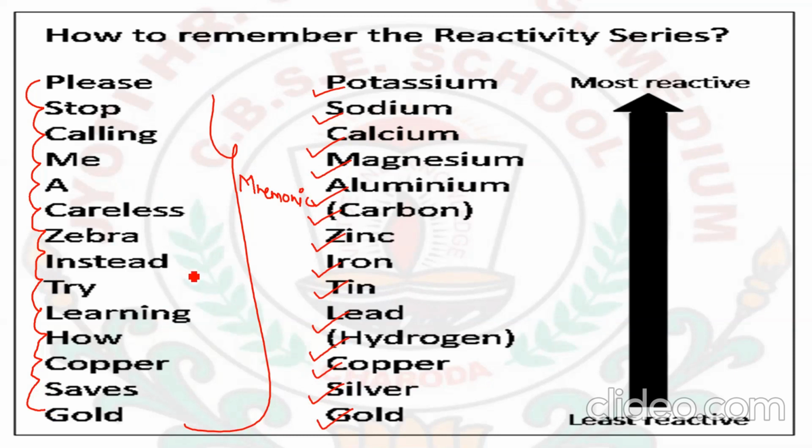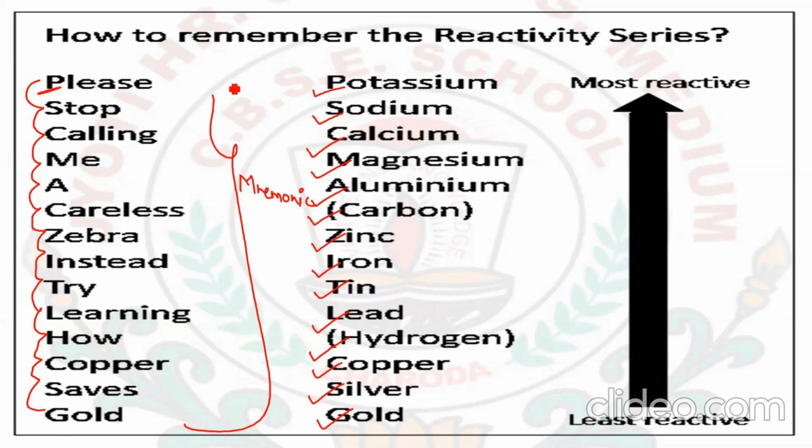The sentence says: please stop calling me a careless zebra. Instead, try learning how copper saves gold. As such this sentence does not have any meaning, but it is very helpful for remembering this reactivity series.